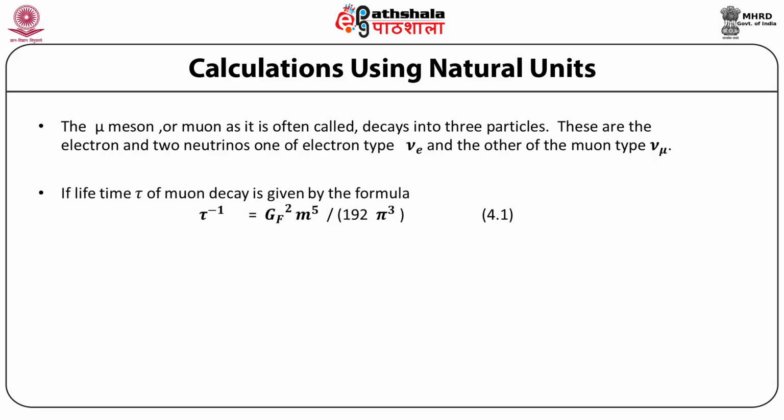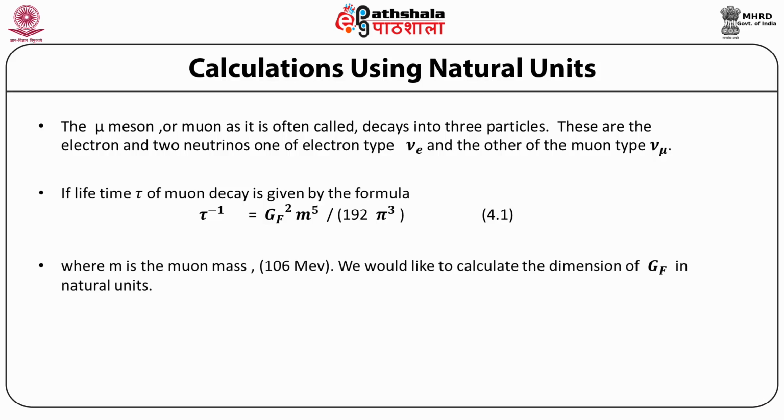If the lifetime tau of muon decay is given by the formula 1 over tau is equal to gf squared into m to the fifth divided by 192 into pi cubed, where m is the muon mass, 106 MeV, we would like to calculate the dimension of gf in natural units.